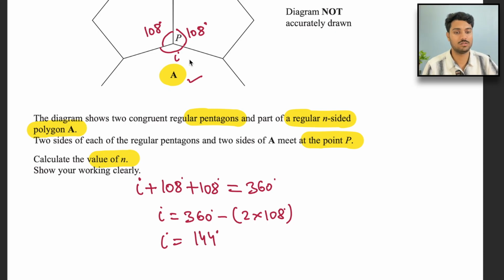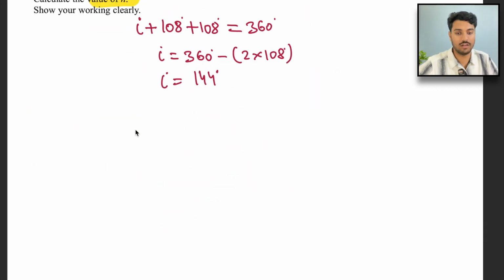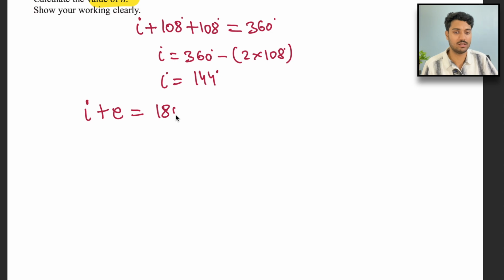So here it is 144 degrees, and we have to find the value of n. To find the value of n, we need E, and we know that I plus E is equal to 180 degrees. I is 144 plus E is equal to 180.